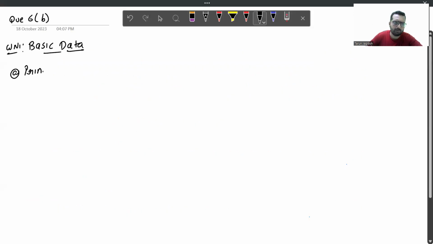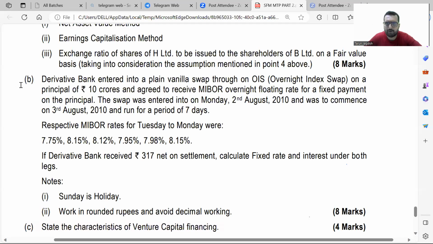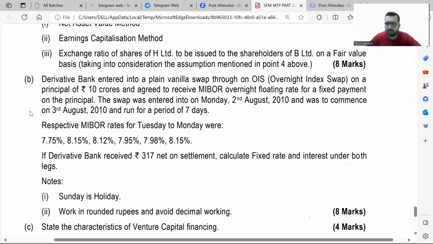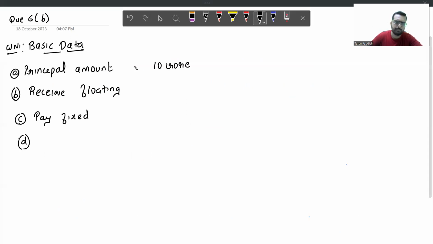I'll write down point number A. Principal amount 10 crore has agreed to receive a MIBOR floating rate. So he's going to receive floating versus a fixed payment. So pay fixed. All right.